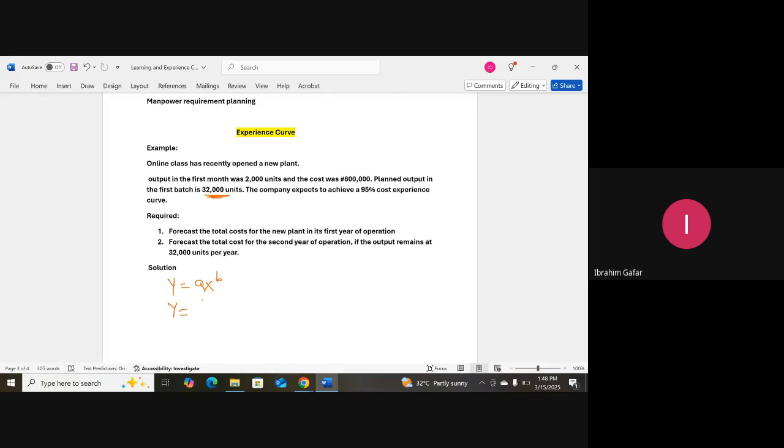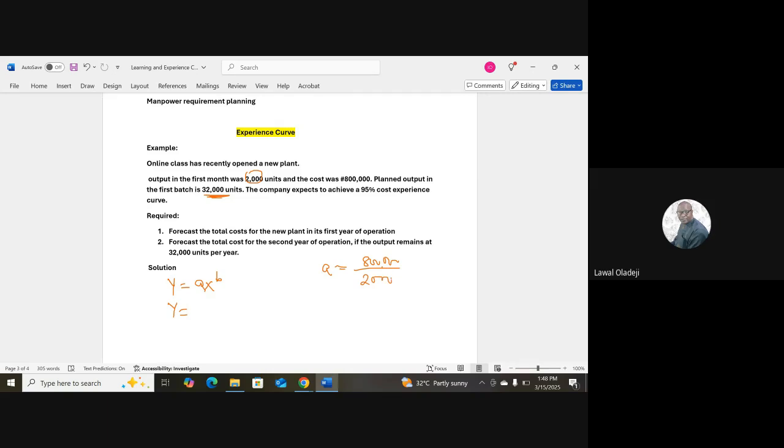How will you get your average time taken? Because you are not given the average time taken yet. Divide. They are not telling you that this is the average time taken. But how will you get your average time taken here? So a becomes, what's the cost of using this output of 2,000? 800,000 divided by 2,000.